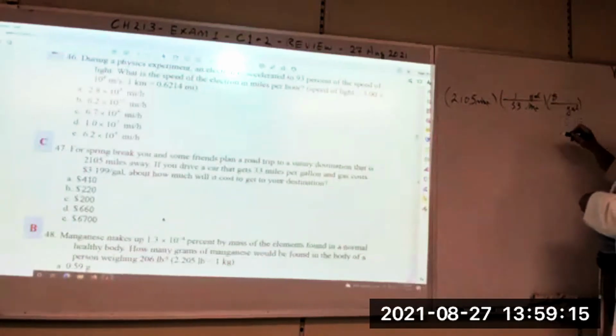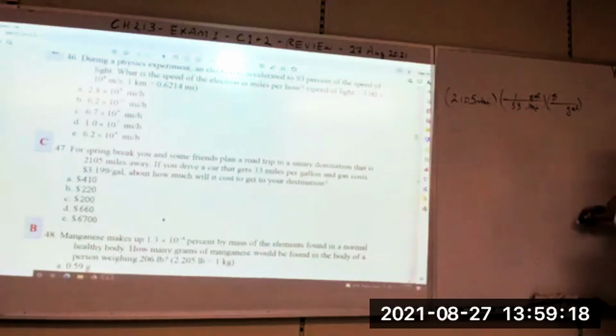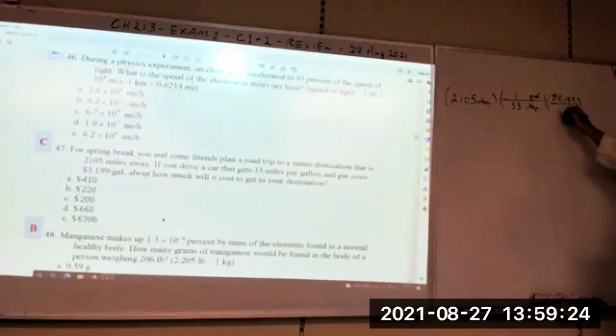And then how much per gallon? What was it? $3.199. And that cancels gallon. And that gives you the amount of money you need to carry to get there. Right?